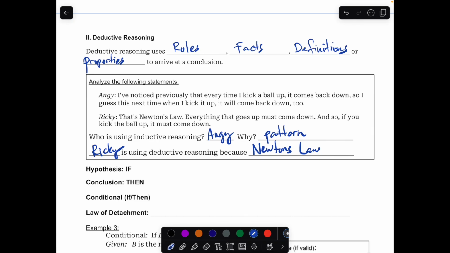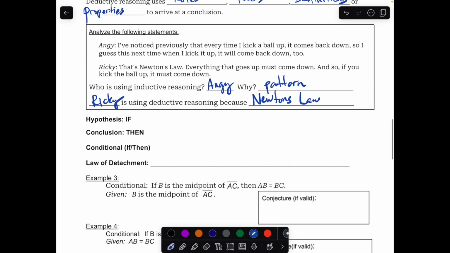So if you're using any kind of rule, fact, definitions, properties, you are using deductive reasoning. Now, let me go to conditional. A conditional has an if and a then statement. The if part is the hypothesis. So it could be, if it rains.